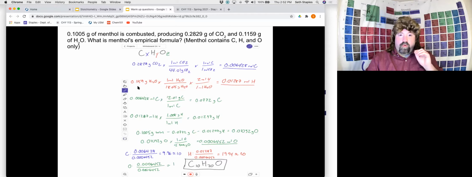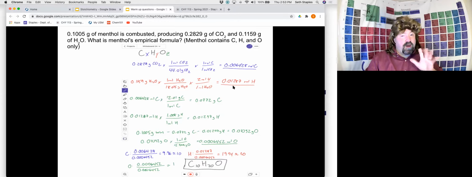We do the same for hydrogen. We use our grams of water and convert that to moles of water. We do have to remember that there are 2 moles of hydrogen in every 1 mole of H2O. And so in our initial sample, there had to have been 0.01287 moles of hydrogen.